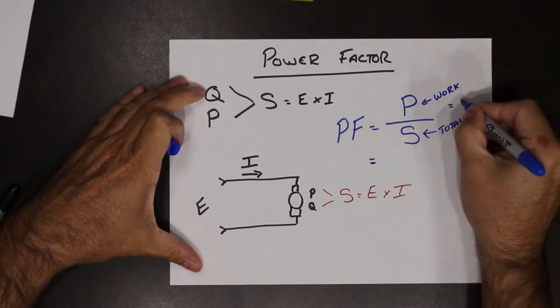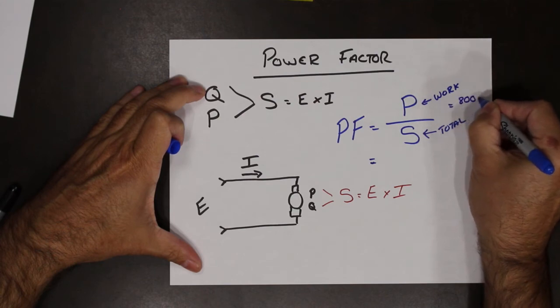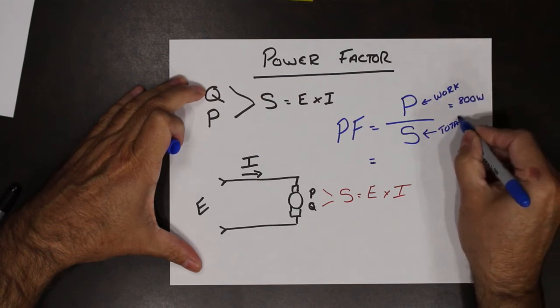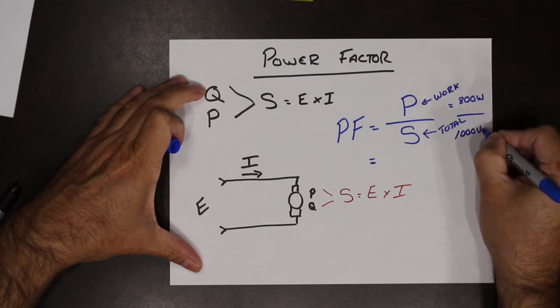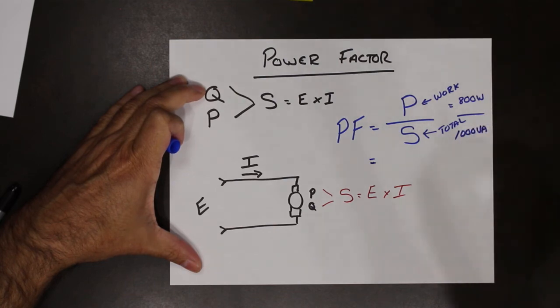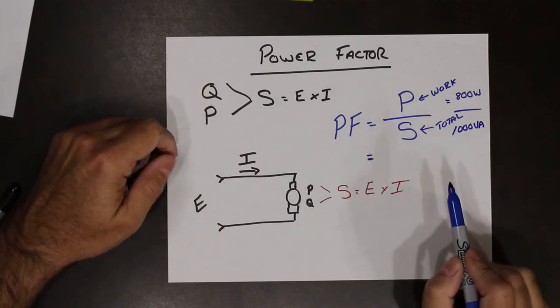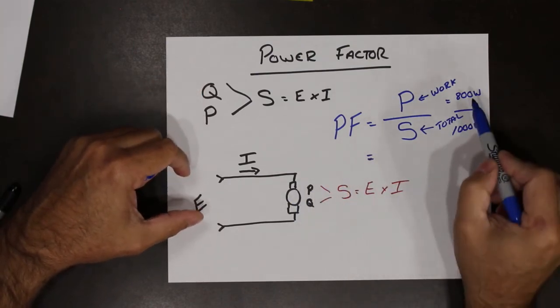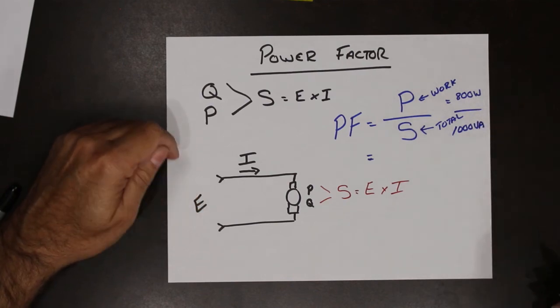So if I took an example and I said 800 watts is doing work over 1,000 volt amps. So the hydro company is providing 1,000 volt amps for this machine, and 800 watts of it is actually being used to do work.